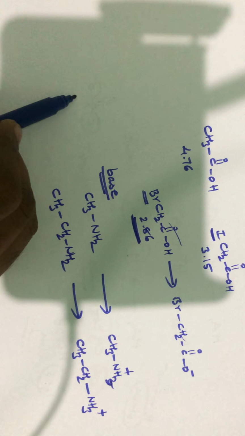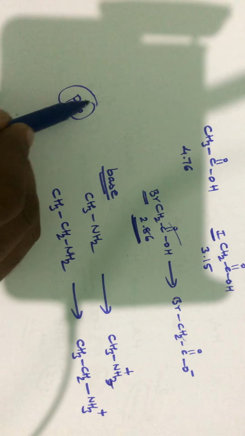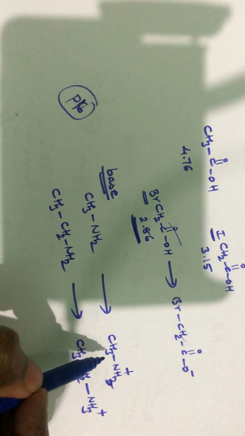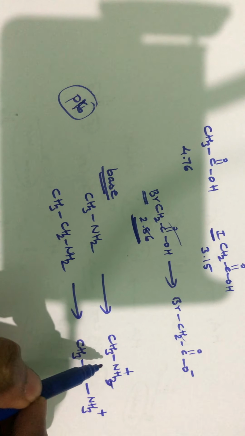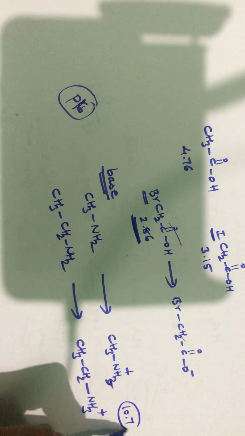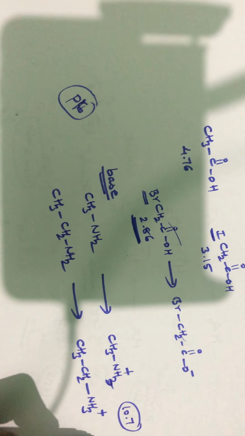For bases, we generally use pKb values. Instead of going for pKb values, we can predict the acidic and basic nature based on the pKa of these. So the pKa of this is 10.7. The pKa of this is 11.